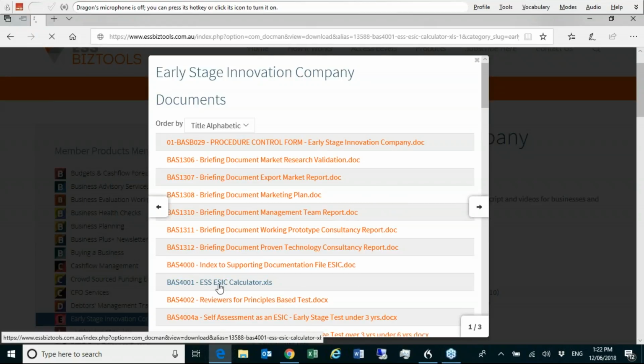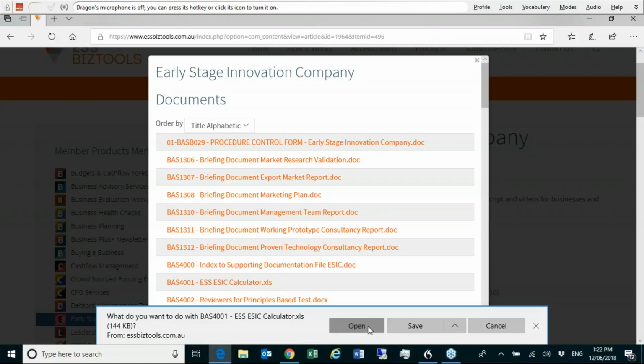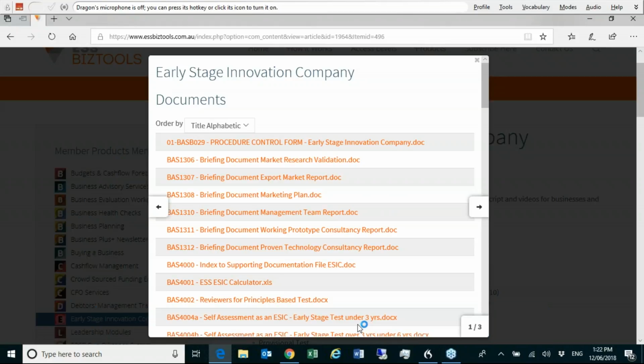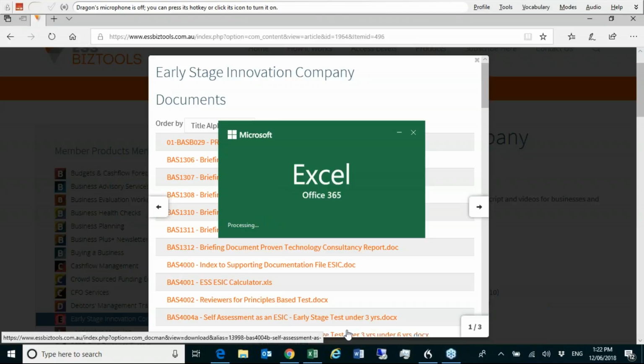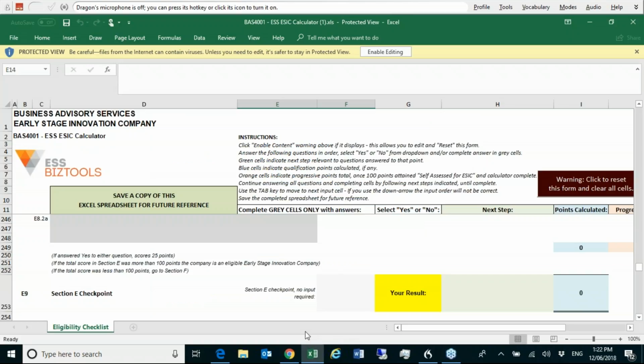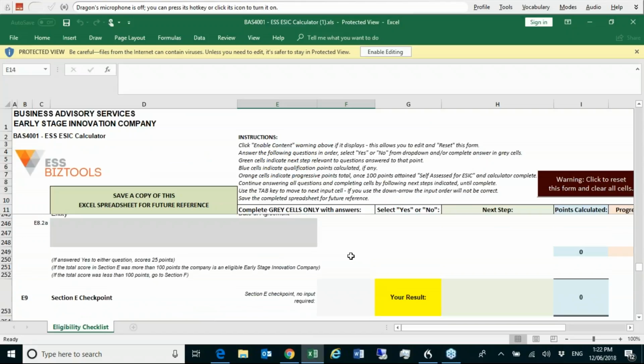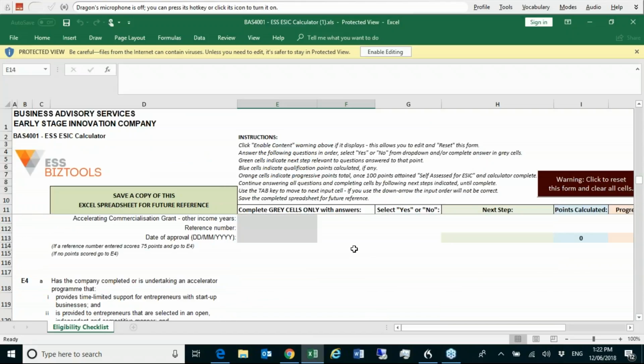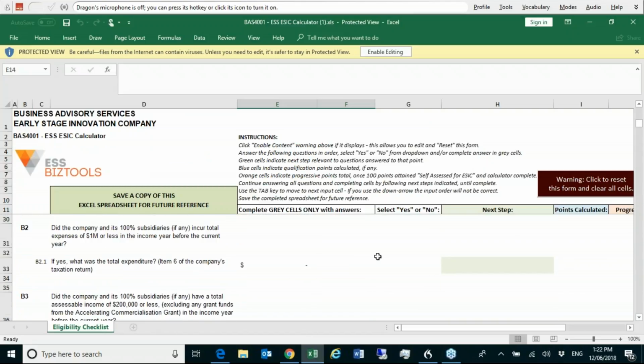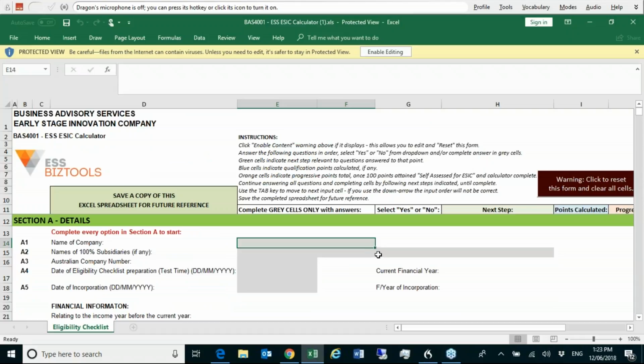And I just want to show you the ESS ESIC calculator, because I had someone recently say to me they didn't know we had that in the system. It's a spreadsheet which will assist you to undertake the review. So you start by inserting your company name.